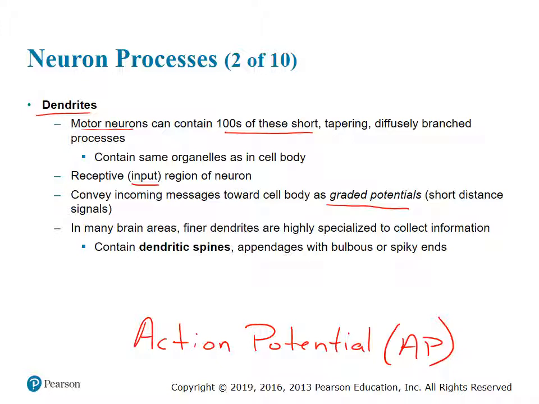But that's not what we're talking about here. I just wanted to mention that we've already talked about a type of potential. And this one's an action potential, but this one here, the short distance in a dendrite that sends a signal to the cell body, is called a graded potential, not an action potential.